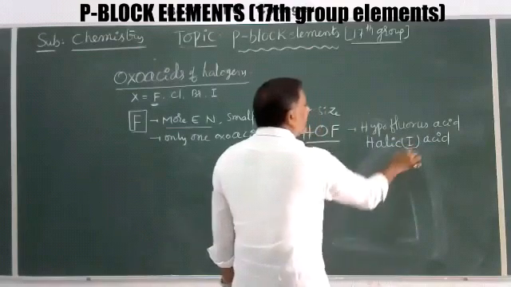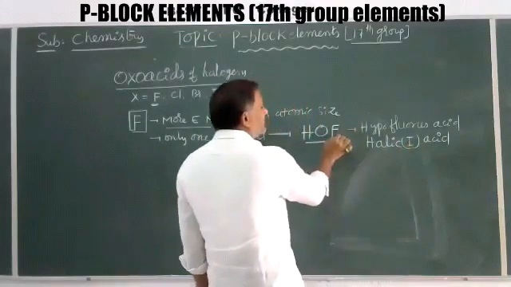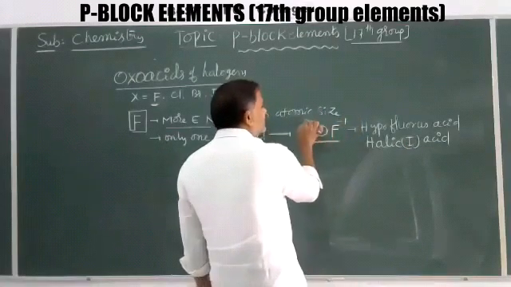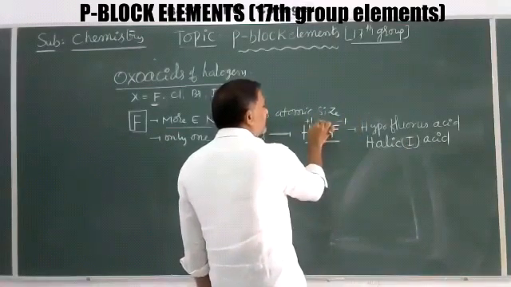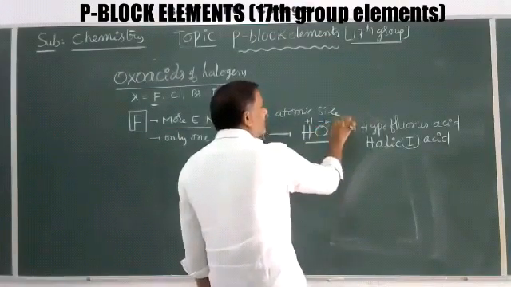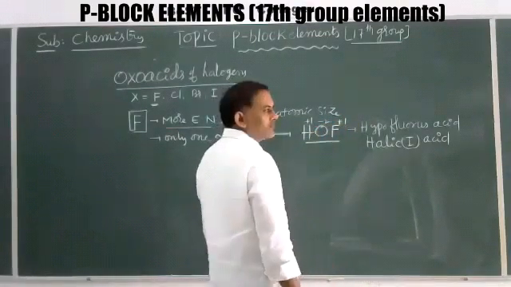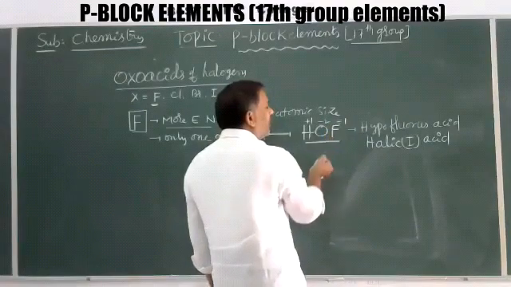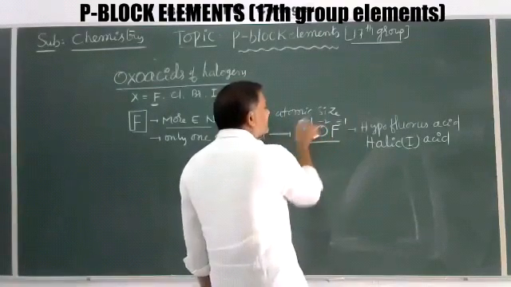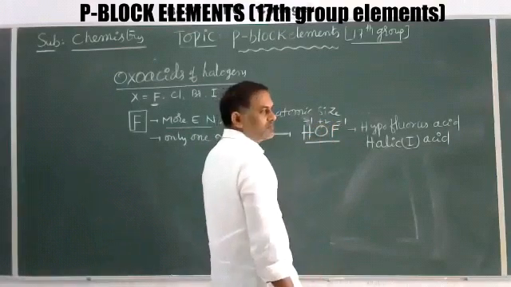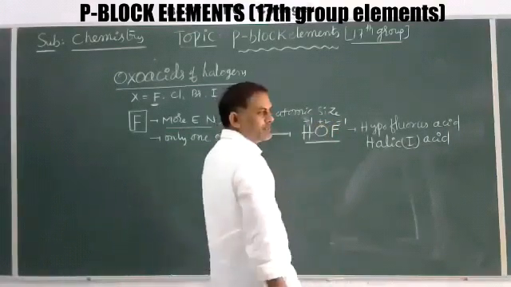Halic 1 refers to the oxidation state: halogen is -1 here, hydrogen is +1, and oxygen is -2, compulsorily. But fluorine does not show +1; here it exhibits -1, and oxygen exhibits a +2 oxidation state.